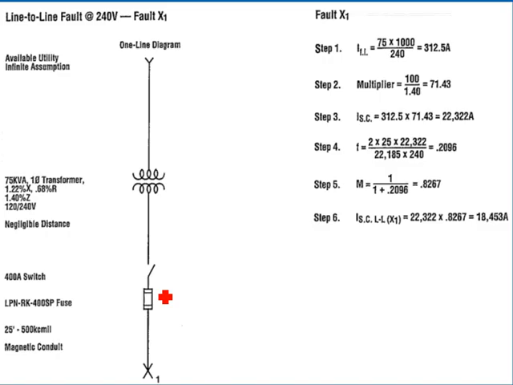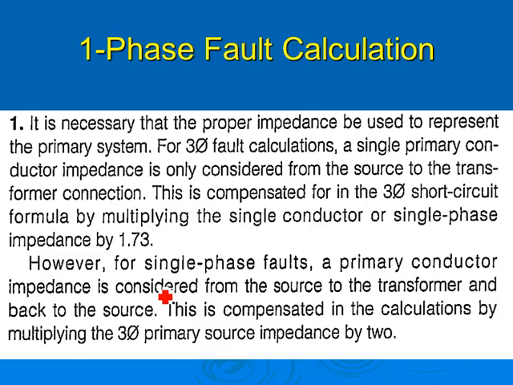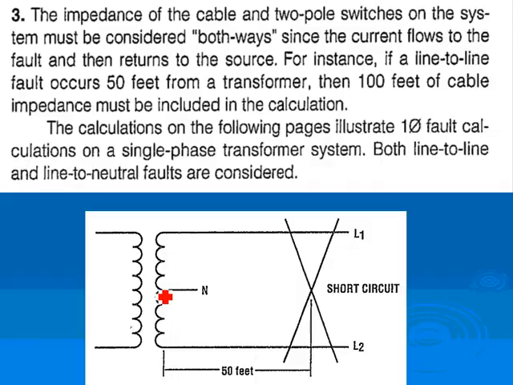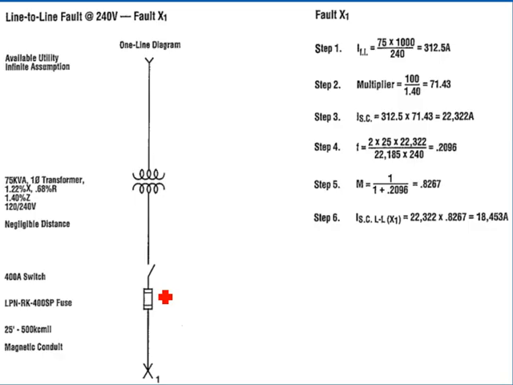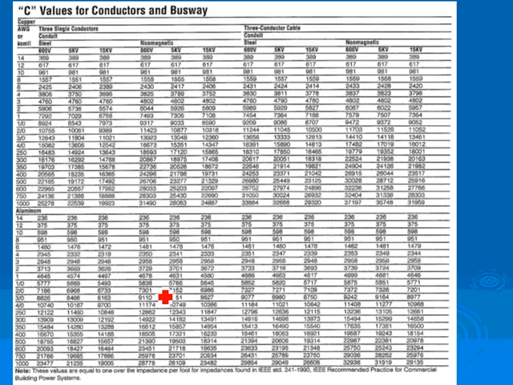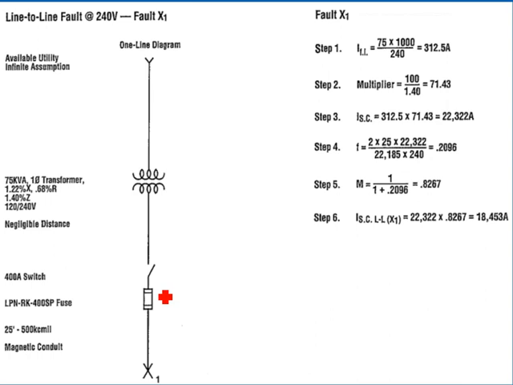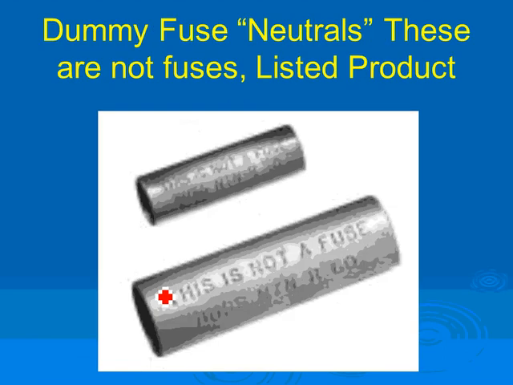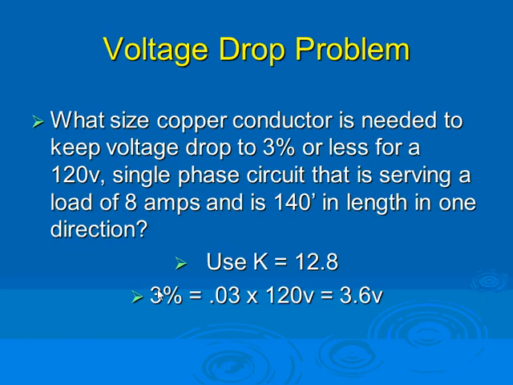Okay, 240 line-to-line voltage on the transformer. Single phase, that's the only way I can have it. I thought I had three-phase. What happened? Did you guys steal my three-phase one?